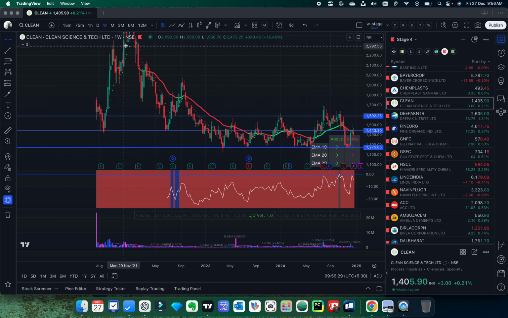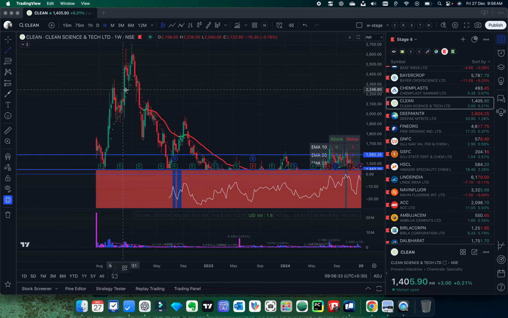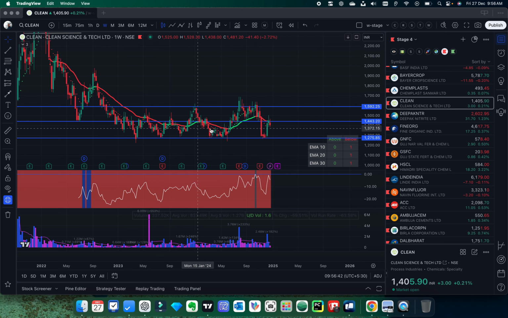So rally, and after this topping area, breakdown, and then again a base 1 consolidation.